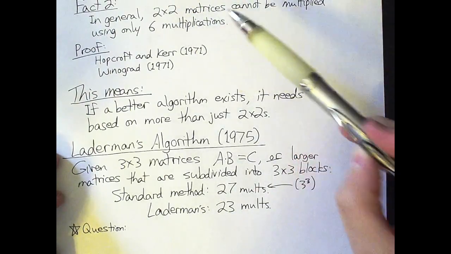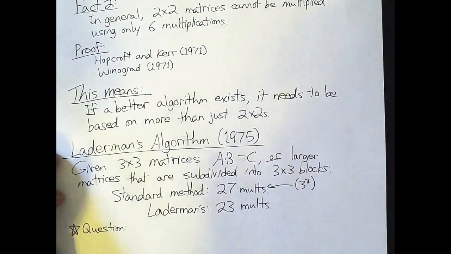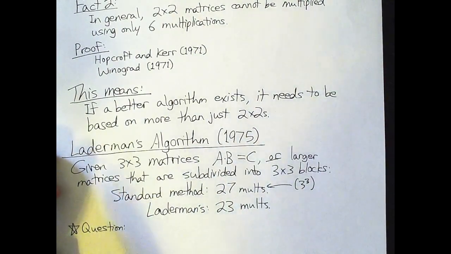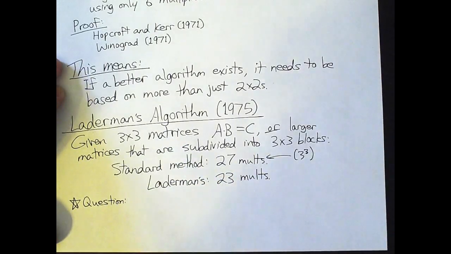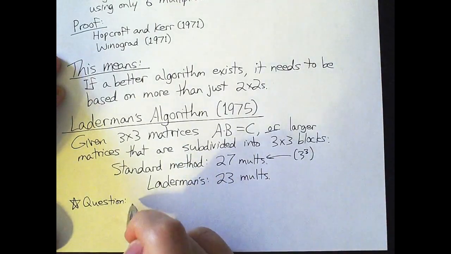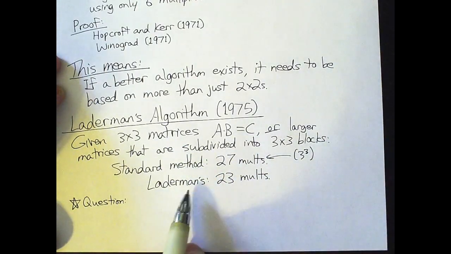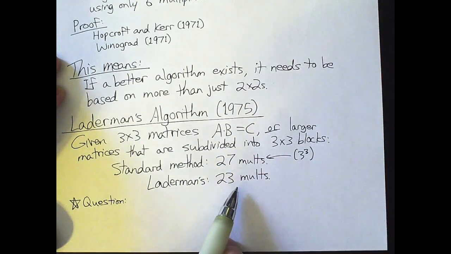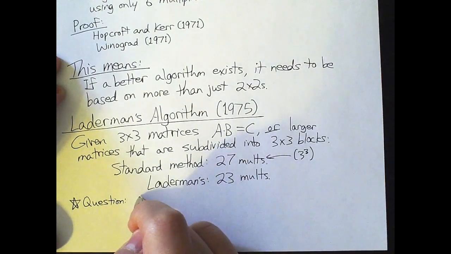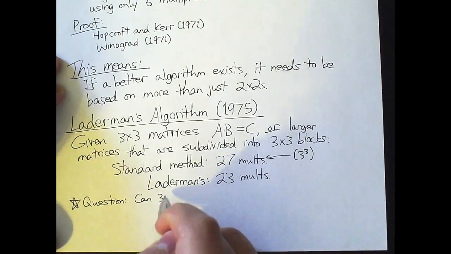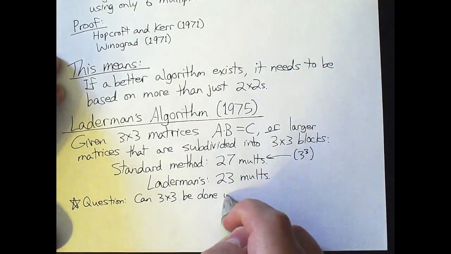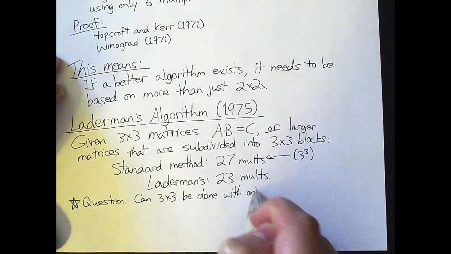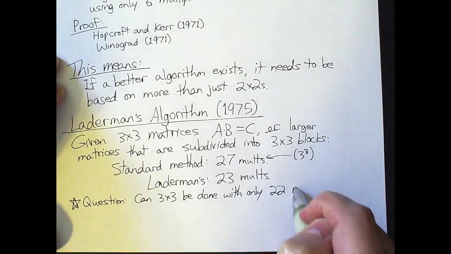It was proved that you can't do it in 6, so people stopped looking for an algorithm that uses only 6. Laderman found this that does 3x3 problems in 23, so people started looking to see, is there a method that can be done in only 22? Can 3x3 be done with only 22 multiplications?